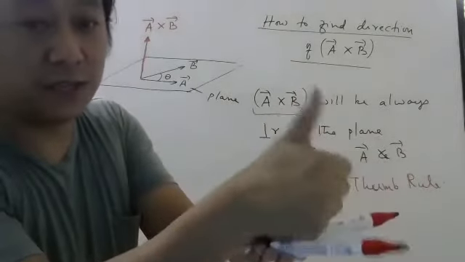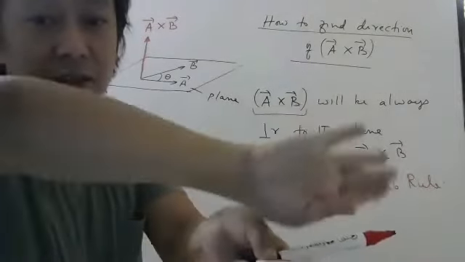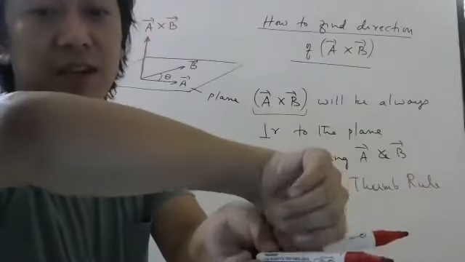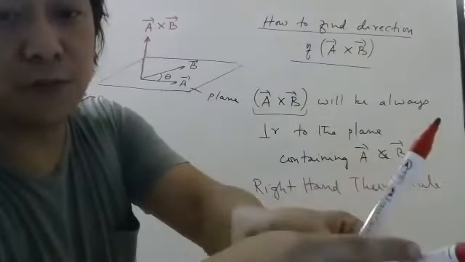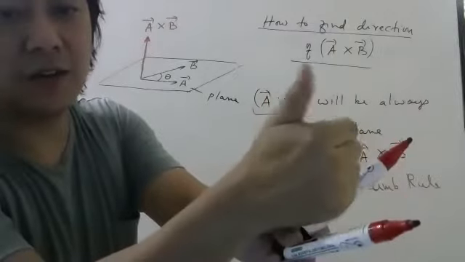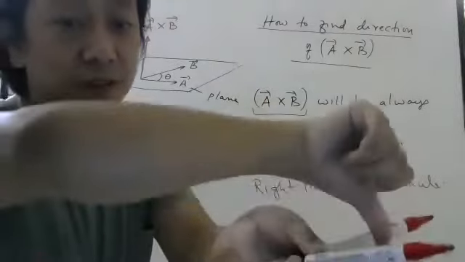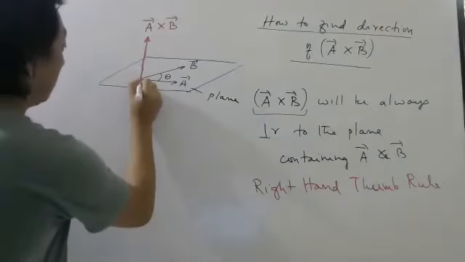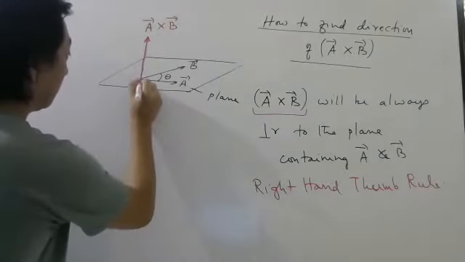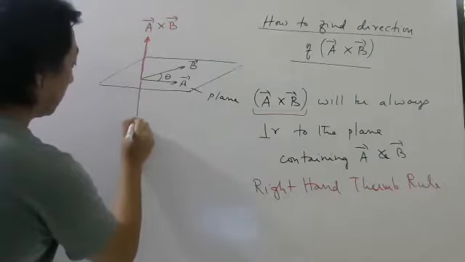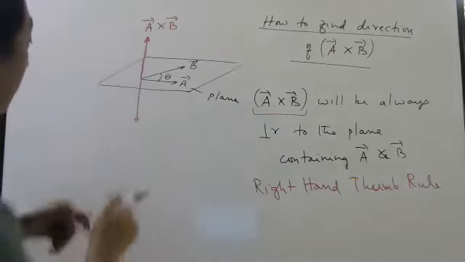A cross B is up. Where will B cross A be? B cross A means you have to curl like this, always moving through the smaller angle. So now your thumb will point downwards. So this vector will be B cross A.